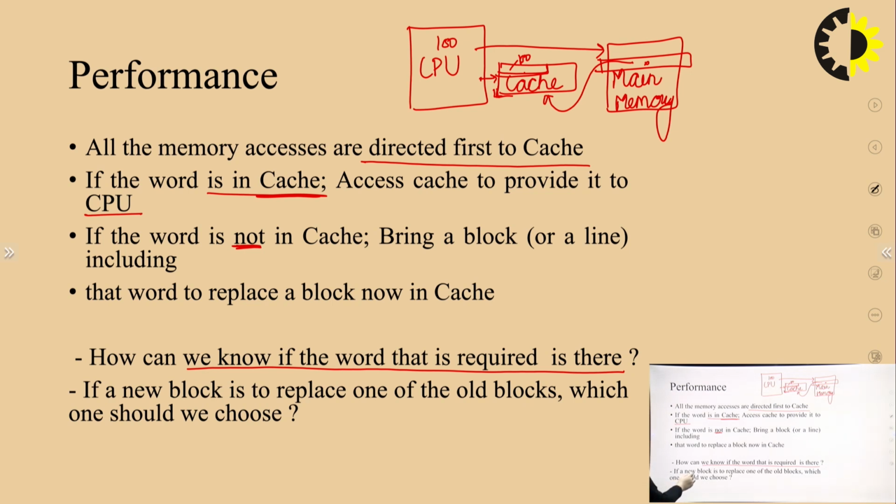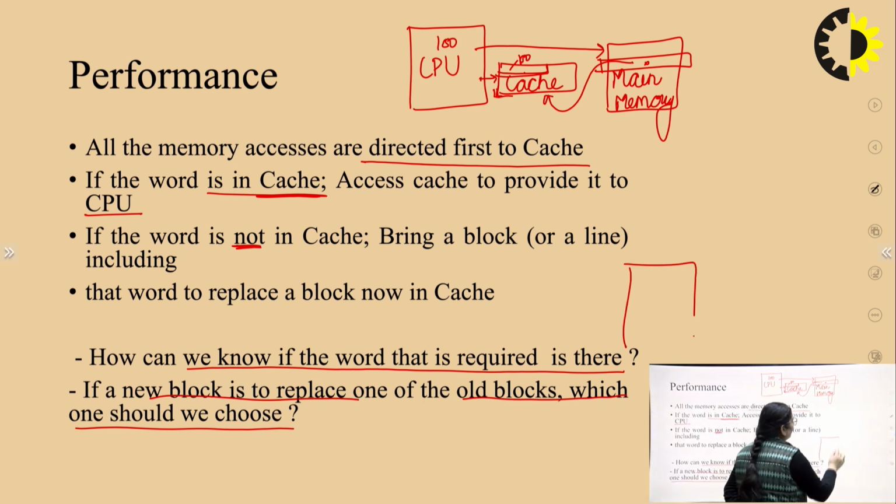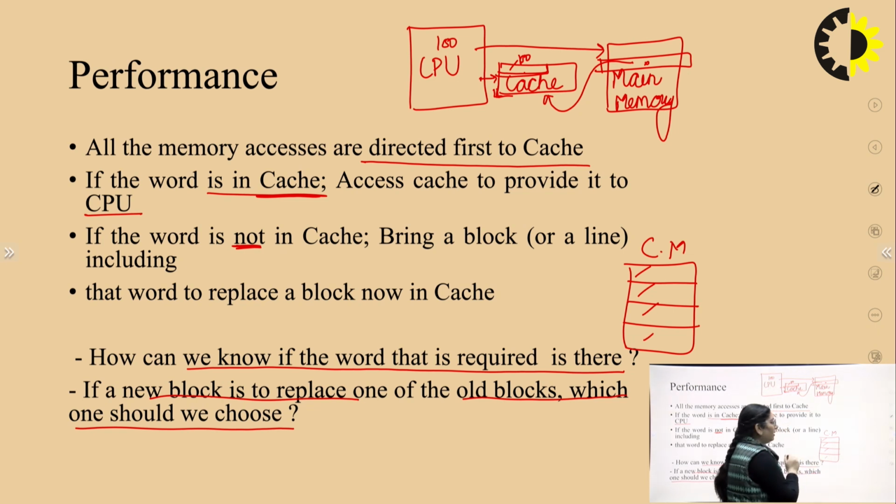Another issue is, if a new block is to be brought in, then one of the old blocks has to go from there. Now, which one should we choose to replace? For example, we have 4 blocks in the cache memory. Fine. There are 4 blocks in the cache memory, and all of these 4 blocks are filled now. Now, my CPU wanted some data. It referred to the cache memory, searched the cache memory, and the data was not found in any of the blocks.